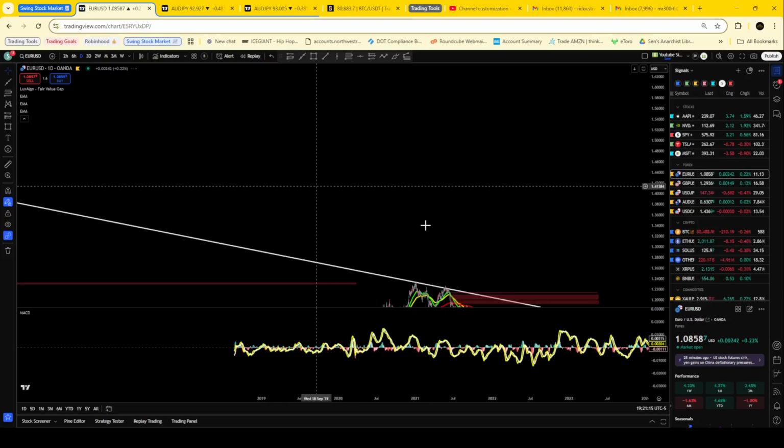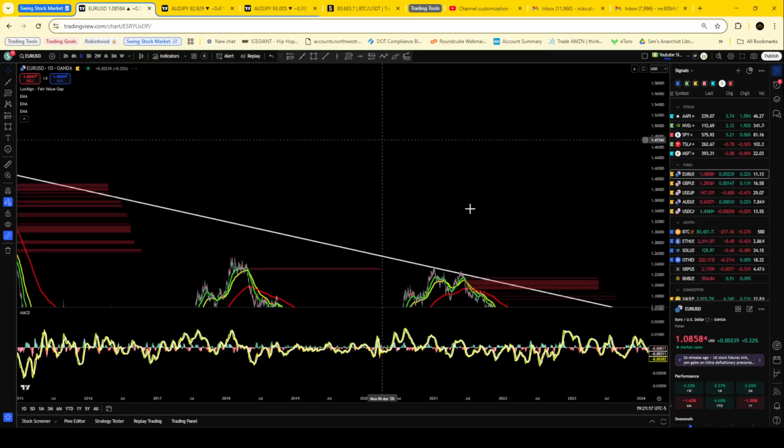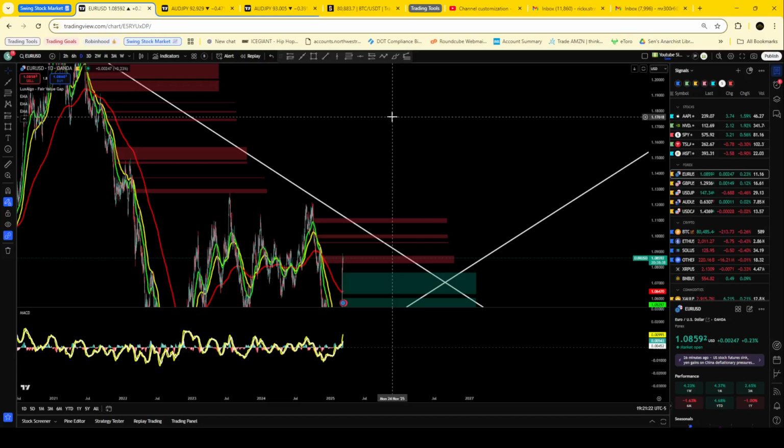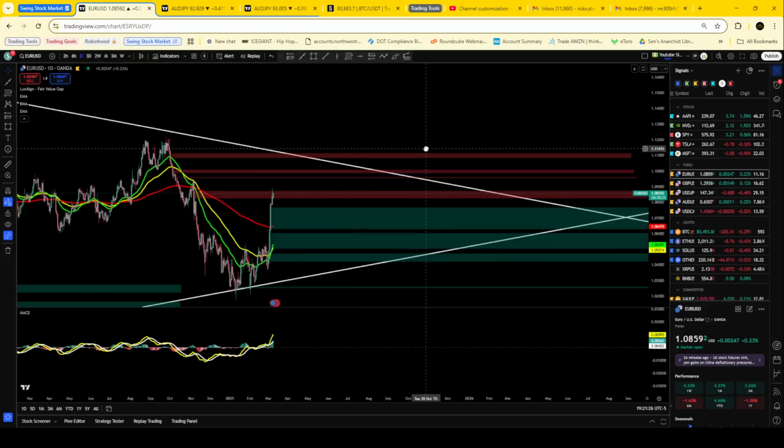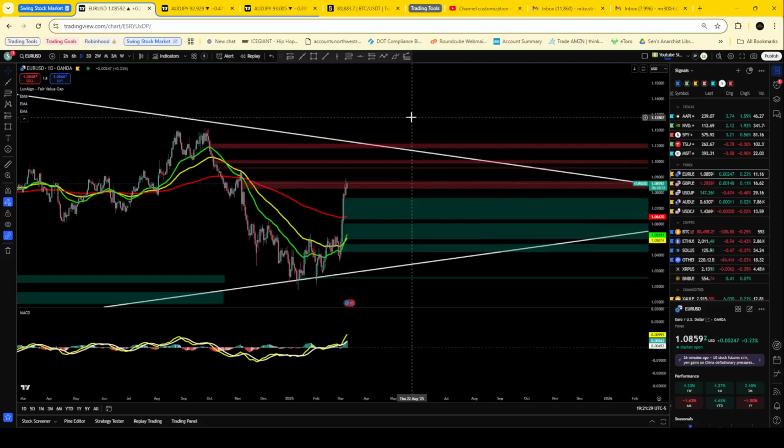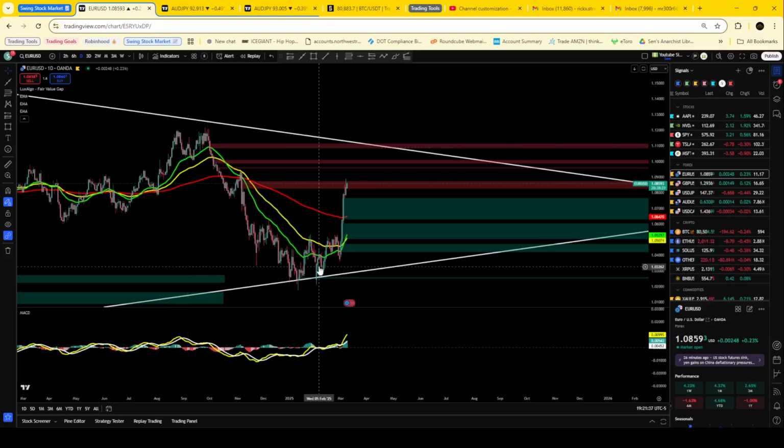So I move on to the daily. Since this move has already happened, and yes, I did get into this trade in my actual Oanda account, I think that's how you pronounce it, here's a trend right here. Here's a trend right here.